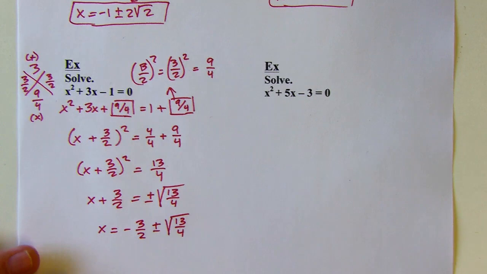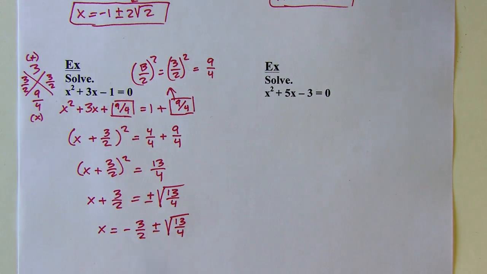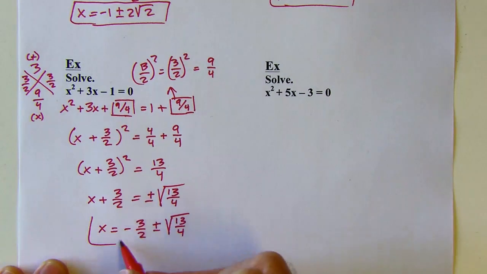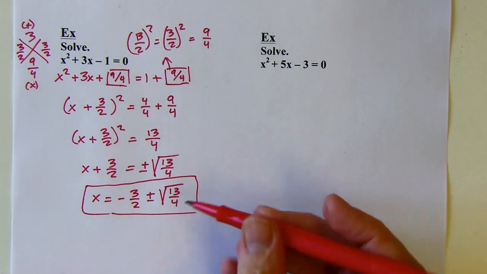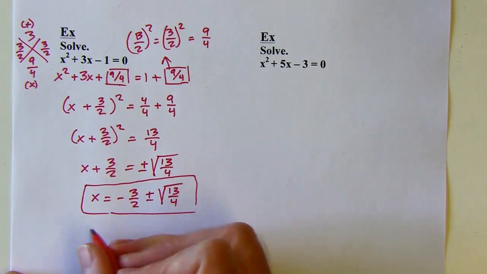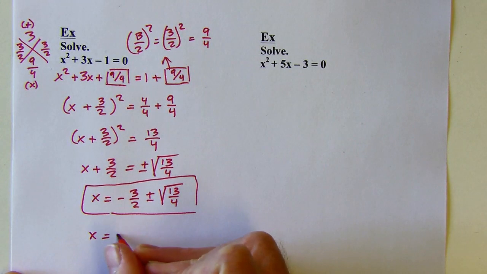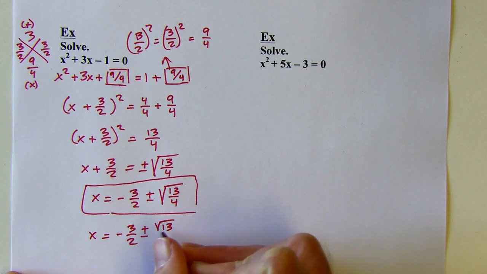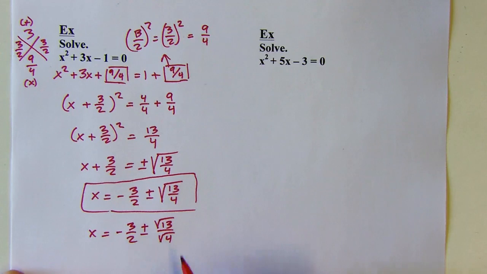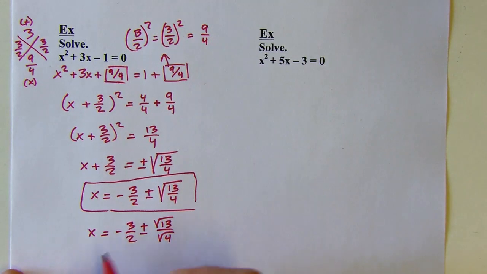Okay, so I would actually honestly be okay with this answer, but we can simplify this more because you can write that radical as root 13 over root 4. So let's try that out. And then wait a second, the square root of 4 is just 2, right?